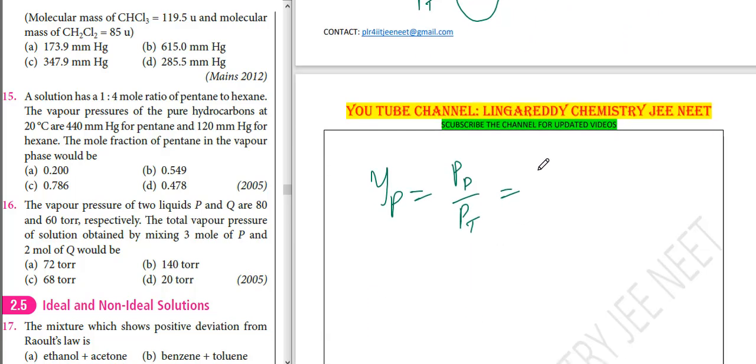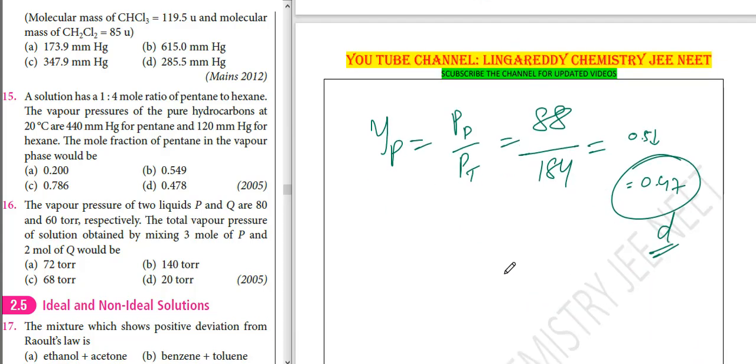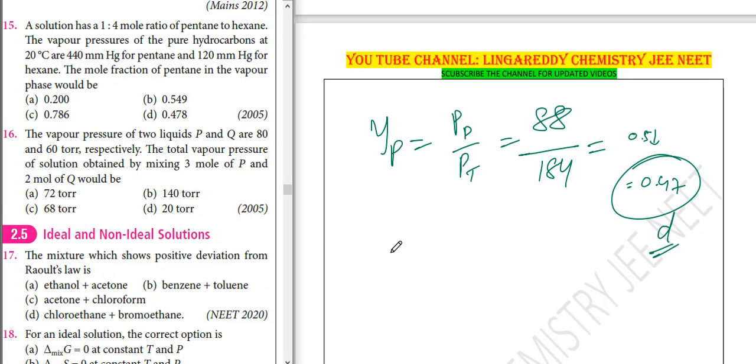So 88 upon P total, 184. Do it, 88 by 184, approximately 0.47. So D option. Right, then question number 16.